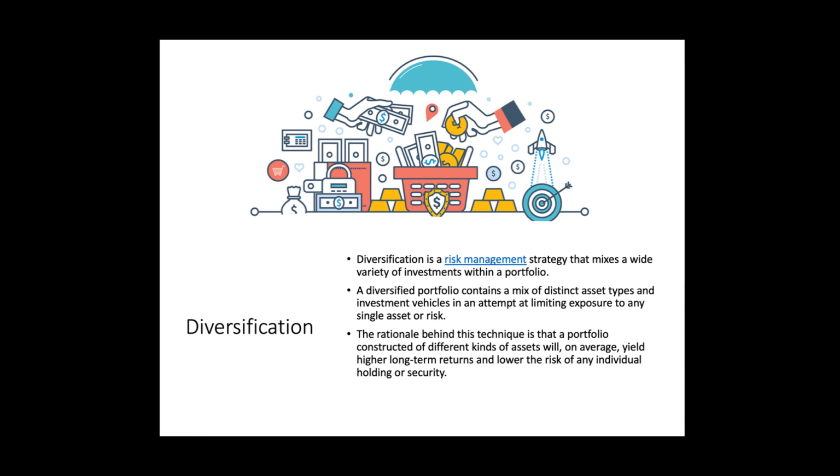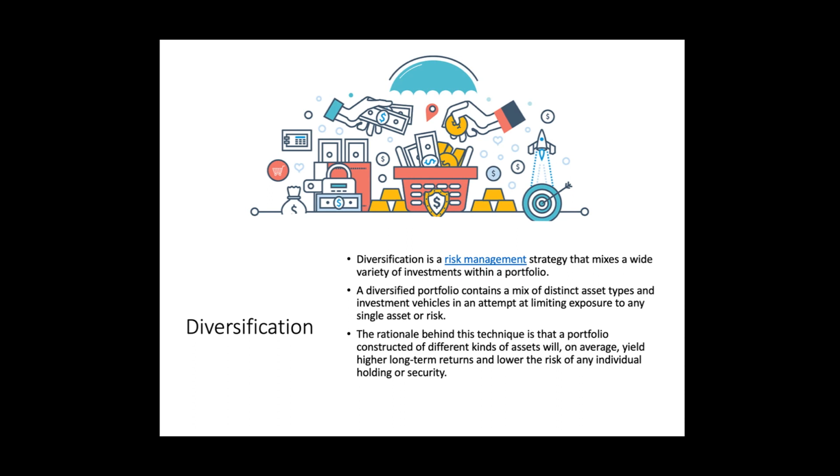Diversification is a risk management strategy that mixes a wide variety of investments into a single portfolio. What is the point of having a wide variety of investments within the same portfolio? Well, you can see there. A diversified portfolio contains a mix of distinct asset types and investment vehicles in order to limit your risk and exposure to any single asset or risk.